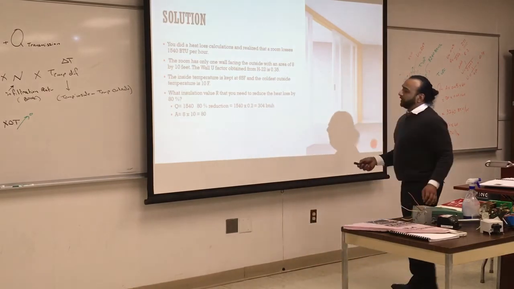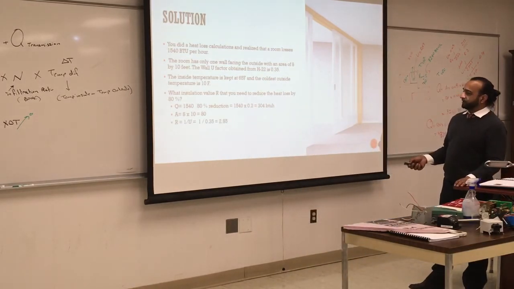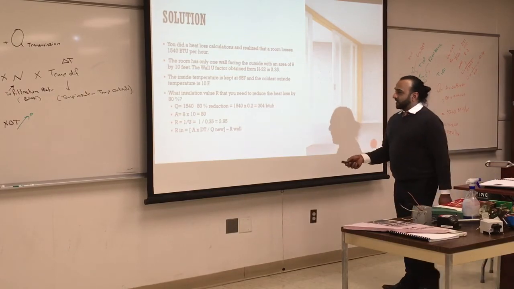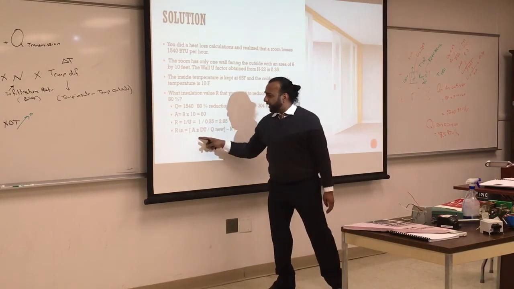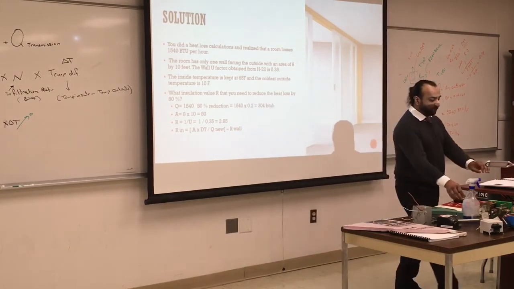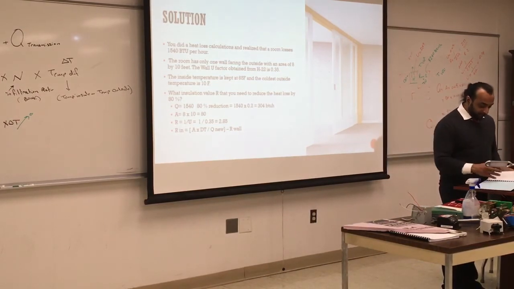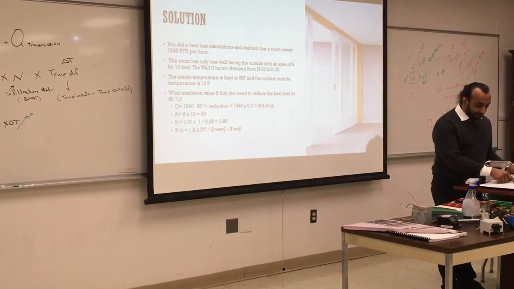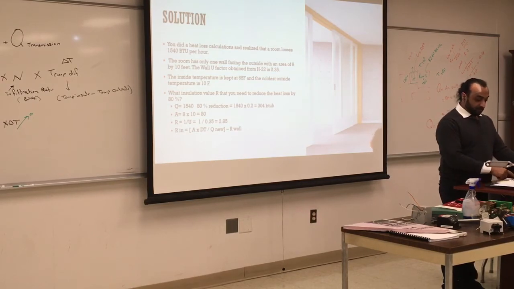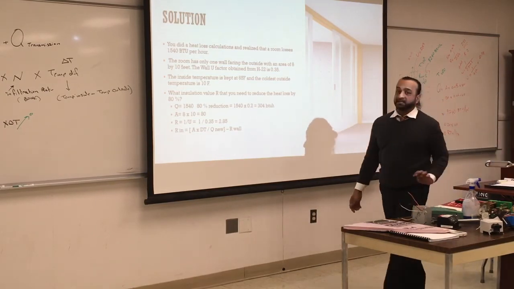Okay, then we get the area, we get the U factor, 1 over U, to get the R. And this equation, you'll find it in the last page of the book, and it's also available here. If you look at page 159, you will find the R insulation equation in case you need it.